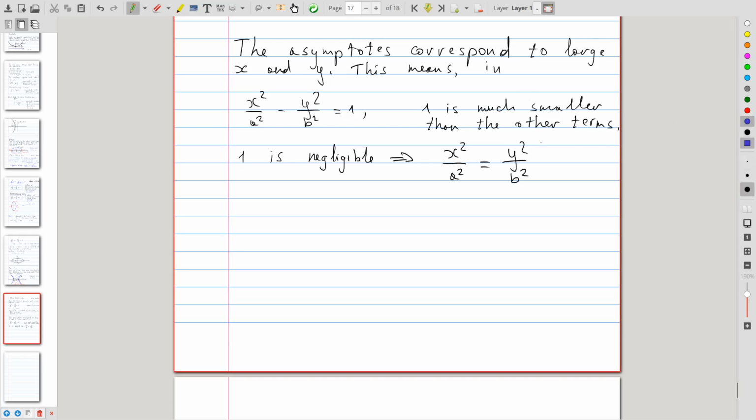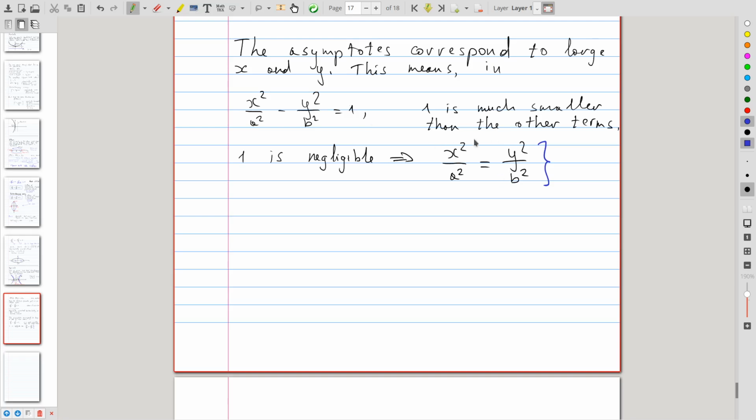Right, so basically, in order to obtain the equation of the two lines, you say, well, okay, when x and y are very, very large, 1 basically does not count. And all that matters is this difference. So this difference is approximately 0, right? Because 1 is so small, and all that matters is this difference of two very large terms.